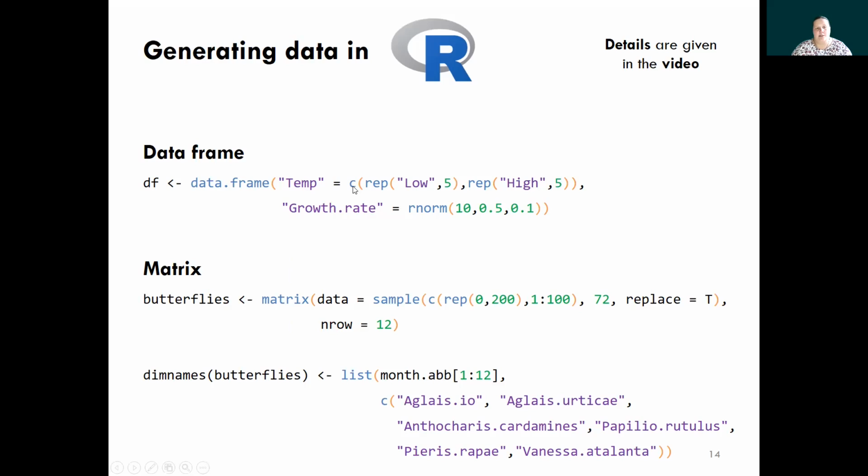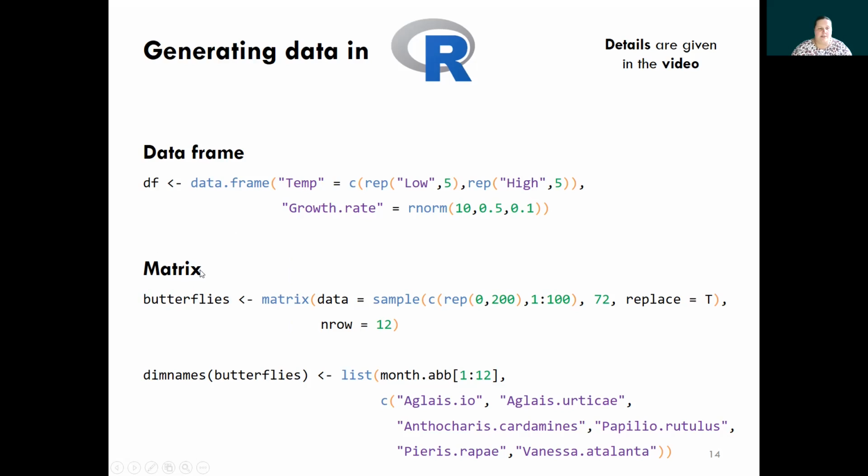And then I'm basically using, again, the function for a vector, which is just C. And within this vector, I'm using the function rep, which stands for replicate. So I'm replicating the string low 5 times and then replicating the string high 5 times and combining these into a vector. And my second column is called growth rate and contains random numbers which are normally distributed. The first input here is the length of the sample size. The second input is the mean that I chose. And the third input is the standard deviation that I chose. So this is the way you would generate a data frame.